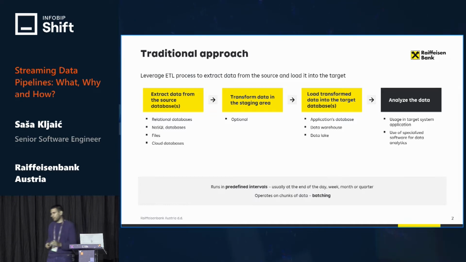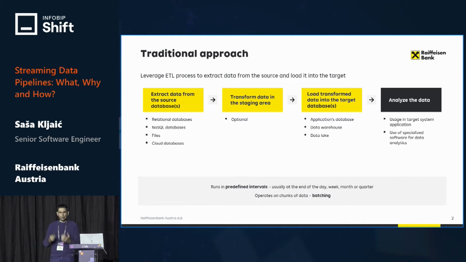The main characteristic of this process is that it runs in strictly predefined intervals, usually at the end of the day, end of the week, etc. It processes the data, and then it stops. Because this process runs on a finite set of data, we call this process batching ETL.